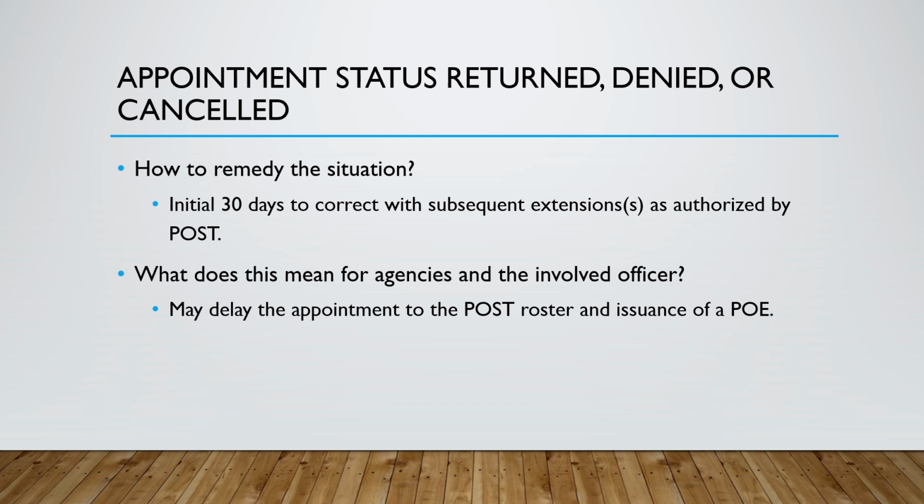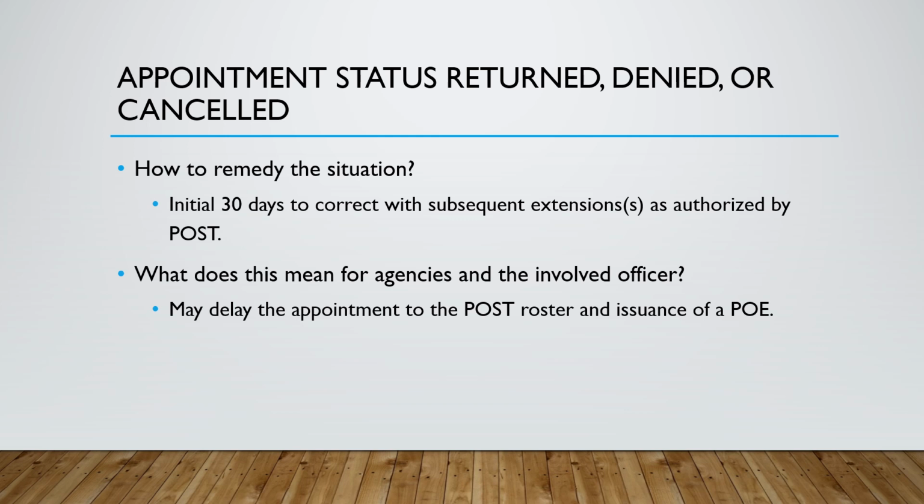In this case, the agency is conducting due diligence to remedy the situation and may request and receive an extension by POST. However, if the agency does not show due diligence to remedy the situation within the original 30 days, no extensions will be granted, and the officer's appointment to the POST roster will be canceled.